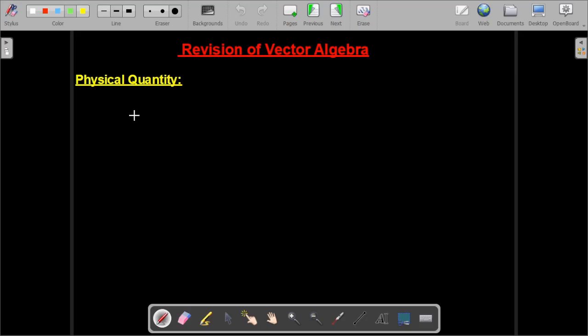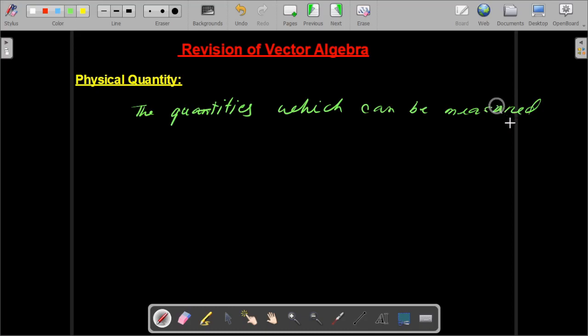Those quantities which can be measured are called physical quantities, right?